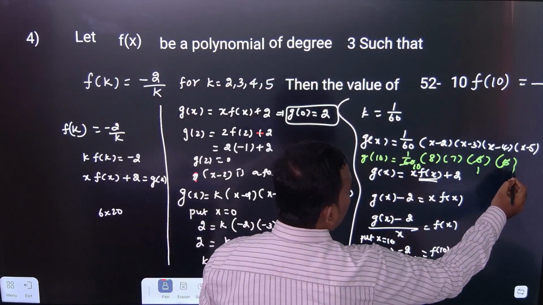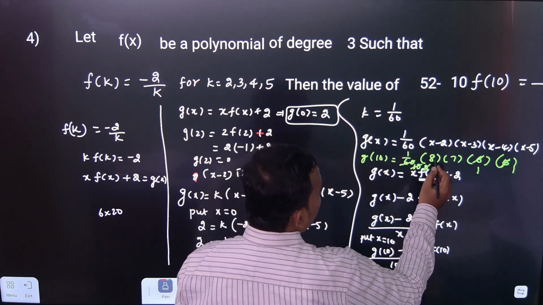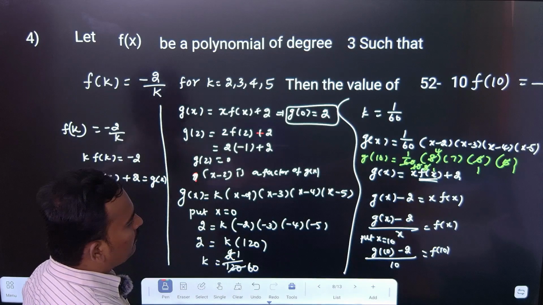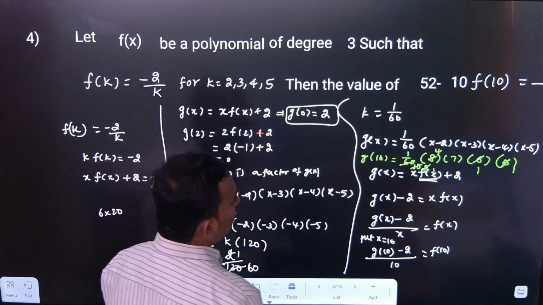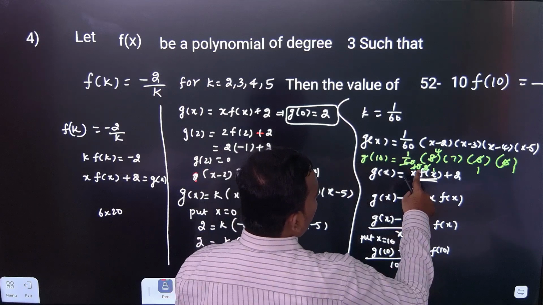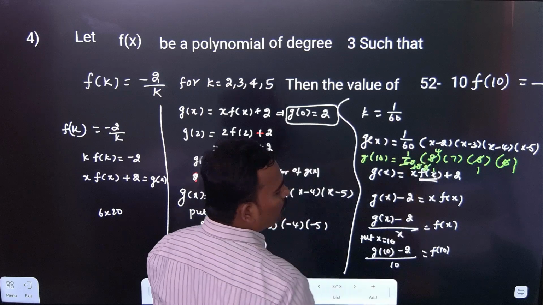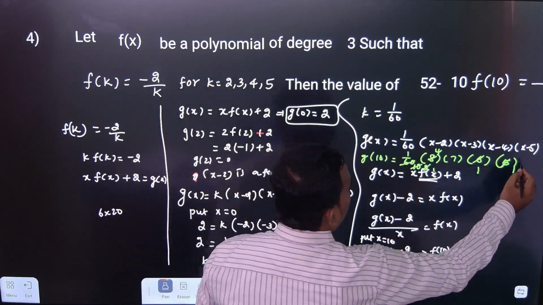Here 2 times 5 is 10, so 1 times here is 4 times. 4 times 2 times 5. Understand, 10 times 6 is 60. Here 2 times 5 is 10. Here the 5 is cancelled. 1 times 2, here 4 times 2 is 8. So 28 is your g of 10.